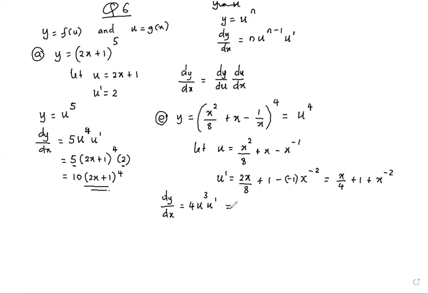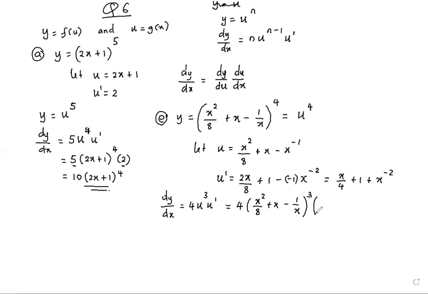And that is 4 times (x squared over 8 plus x minus 1 over x) to the power 3. And then we multiply by u prime.